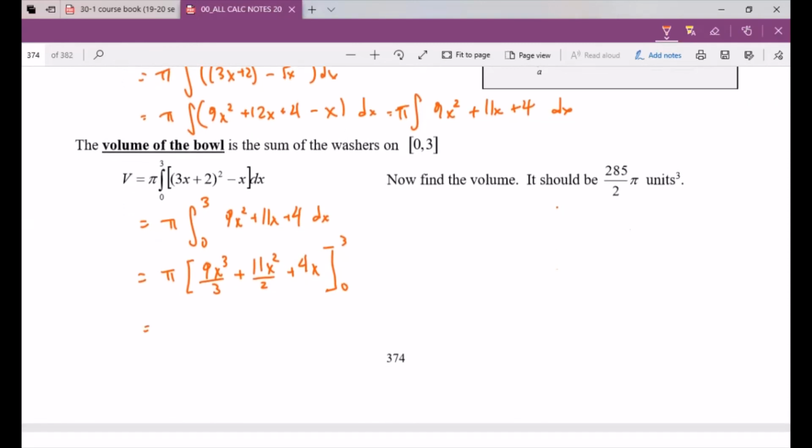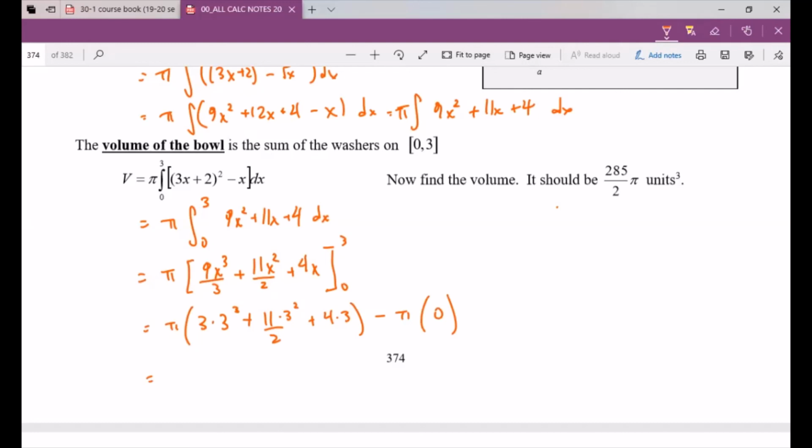We substitute in 3. This ends up being pi times 9 over 3 is 3 times 3 cubed, plus 11 halves times 3 squared, plus 4 times 3. Substituting 0 gives 0 thirds plus 0 halves plus 0, so it's just this.